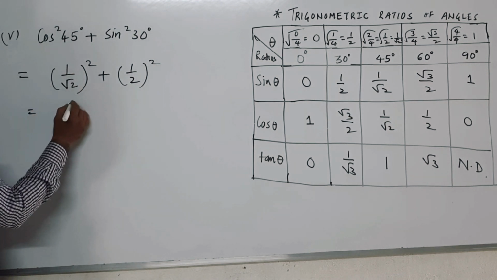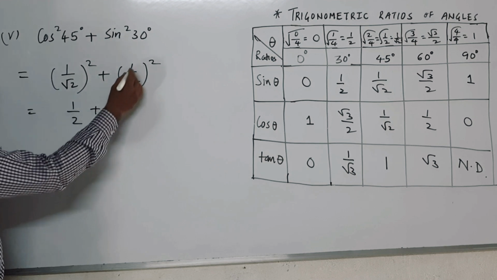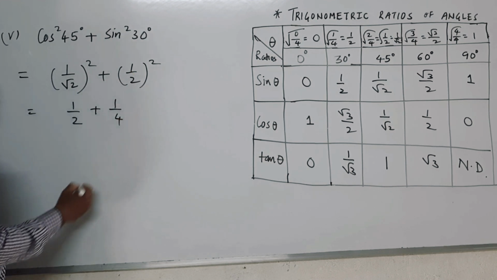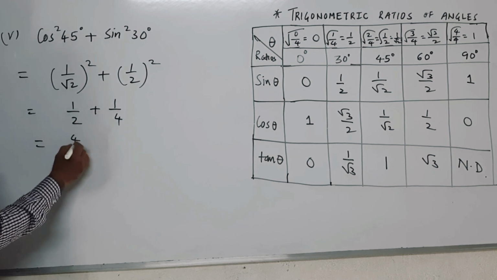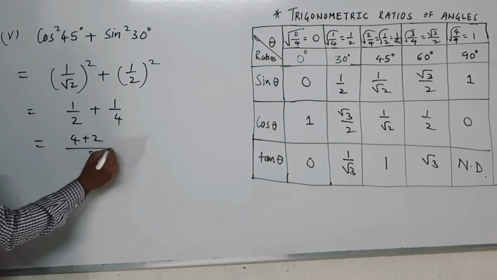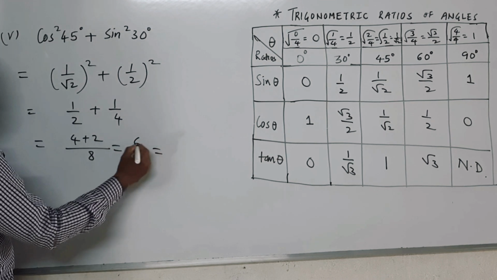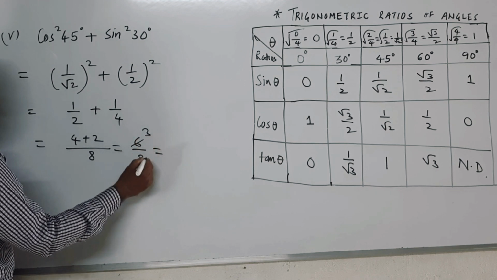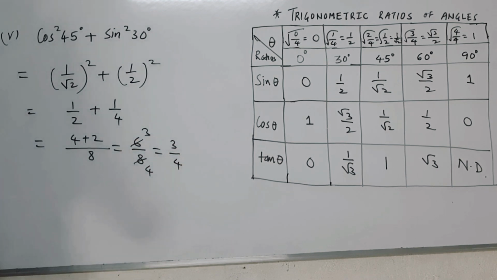So 1 upon root 2 square is 1 upon 2, plus 1 upon 2 square is 1 upon 4. Cross multiply, 4 into 1, 4 plus 2 1s are 2, 4 2s are 8, which is equal to 6 upon 8. Reducing to the lowest form, 2 3s are 6, 2 4s are 8, that is 3 upon 4.